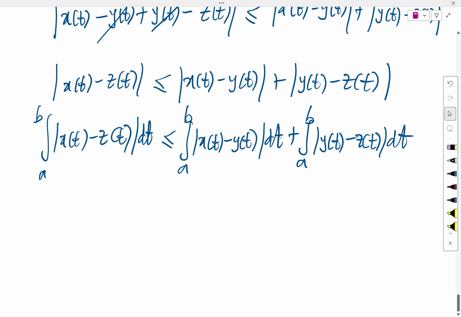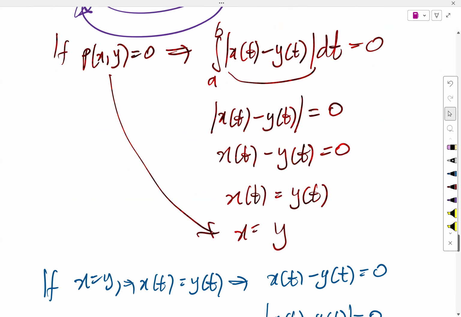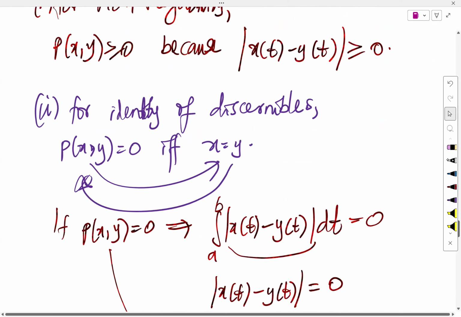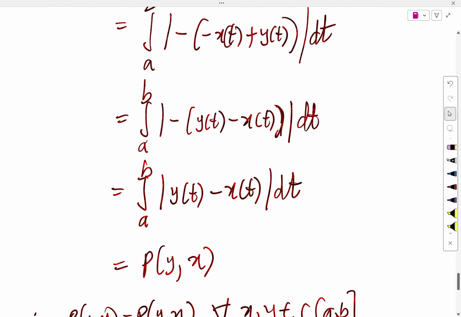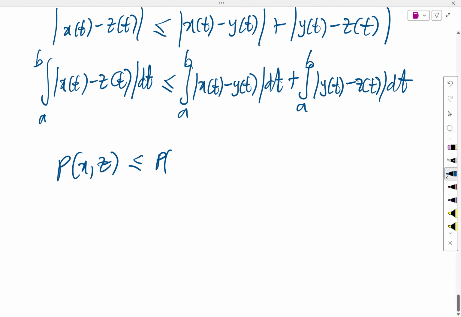So this side now is just your p of x comma z, by the original definition of p of xy. So p of xz is less than or equal to p of xy plus p of yz.